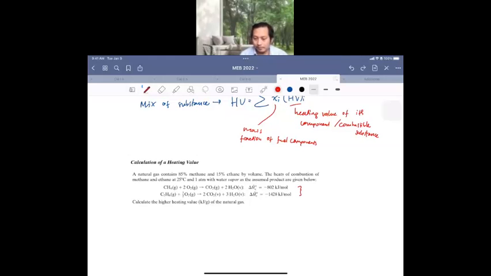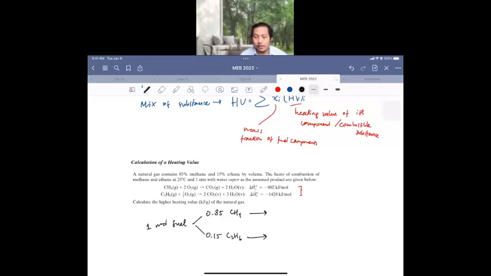So first, we take 1 mole of fuel as our basis. This gives you 85% methane, which means 0.85 methane and 0.15 ethane.